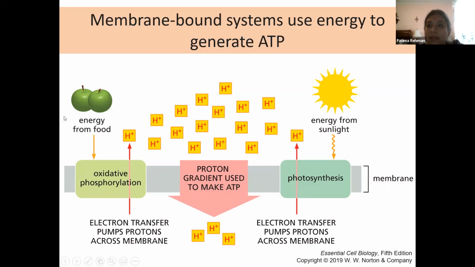One of them is where we take the energy from food that has first been broken down into pyruvates and acetyl CoAs, and then that can be taken into the cell's mitochondria, where oxidative phosphorylation allows for transfer of energy from the activated carriers into the ATP, converting ADP. Another thing that it usually is coupled with to create that ATP is a proton pump.